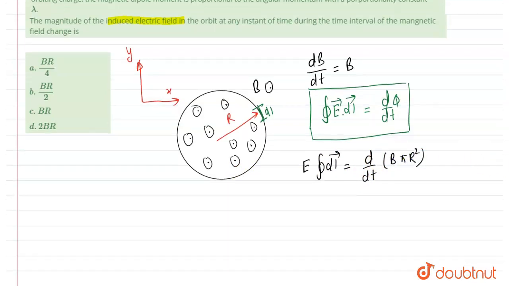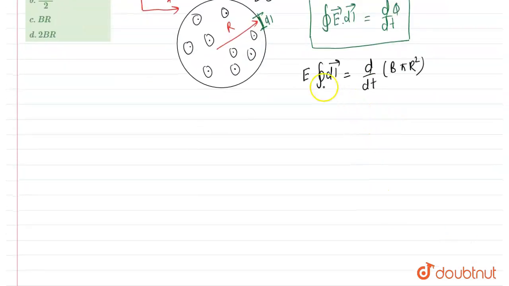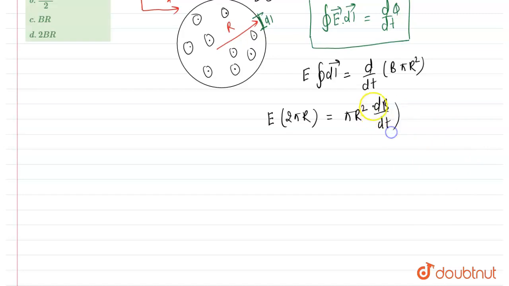The integral of dl for the complete loop is the total length of the loop, 2 pi capital R, which equals pi R square dB over dt, because the radius of the loop is constant.